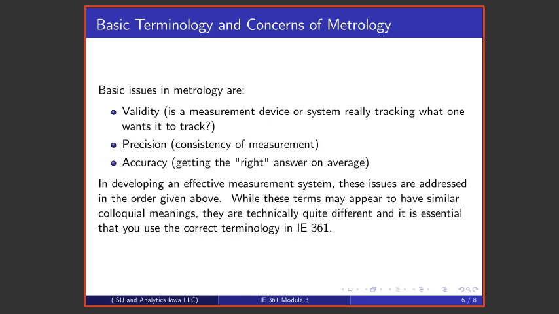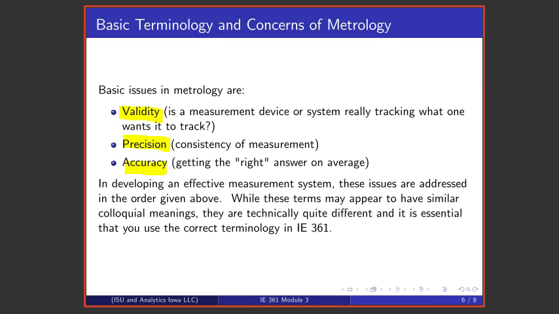Some basic issues in metrology are validity, precision, and accuracy. These are words that have similar colloquial meanings, but they have much different technical meanings, and we're going to keep these ideas, these concepts straight and separate as we talk about them in this course.